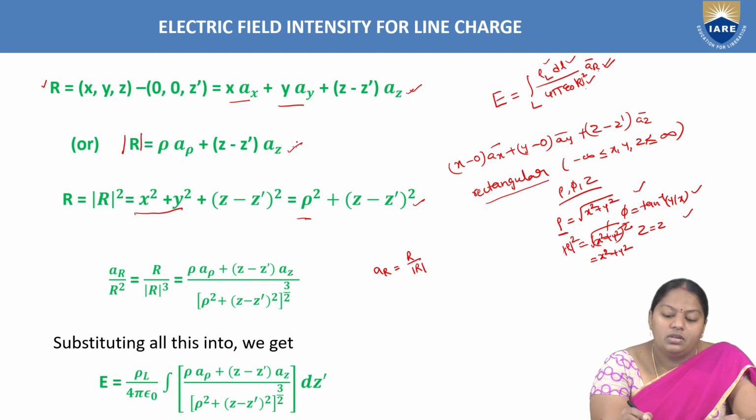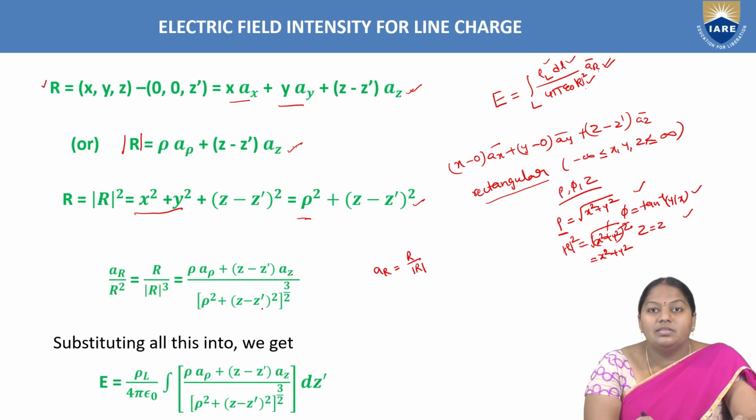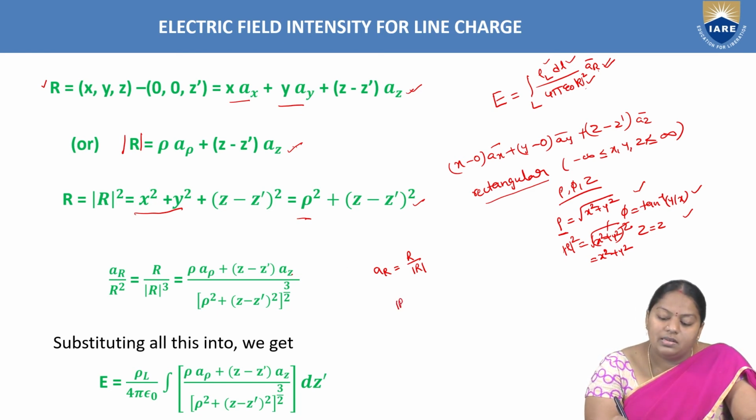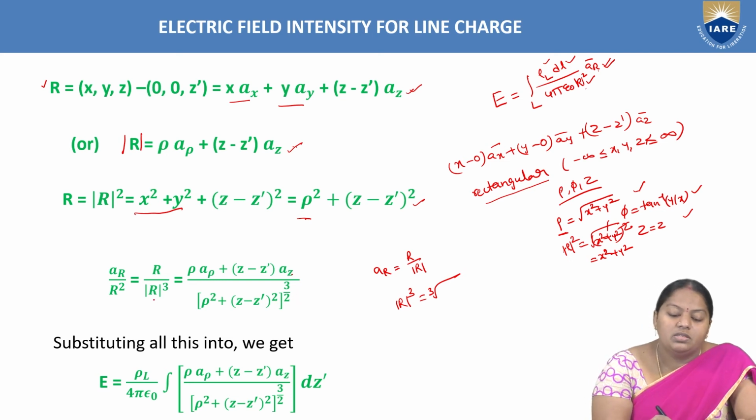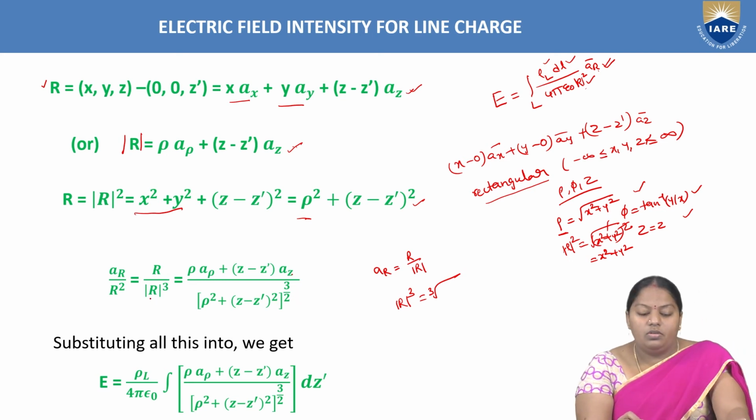Modulus of R whole cube, in magnitude form, is given by rho square plus z minus z dash whole square, whole power 3 by 2. So modulus of R whole cube becomes the cube root of the term, hence whole power 3 by 2. Therefore, rho square plus z minus z dash whole square, whole power 3 by 2 is substituted in place of modulus of R whole cube.